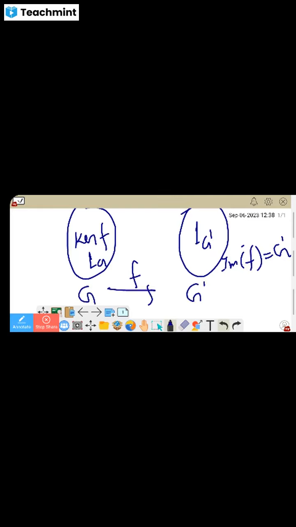And we are taking this as mapping in isomorphism.